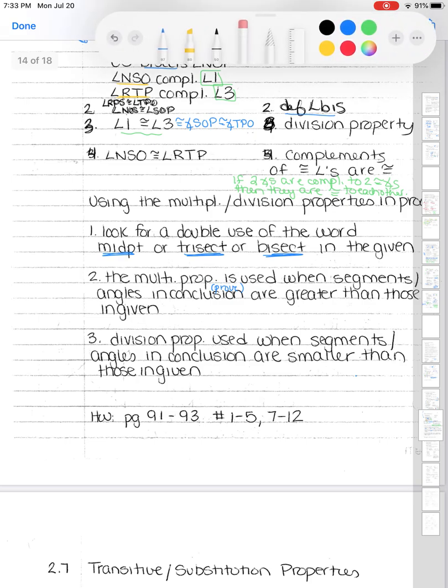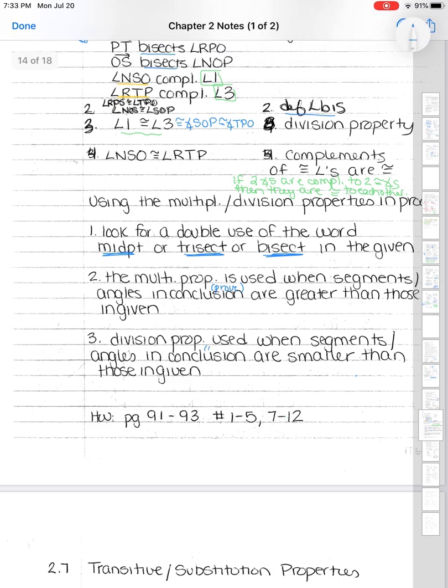For the multiplication property, in addition to number one, you have to have number two. You are looking for when a segment or angle in the conclusion, which is your proof statement, is bigger than those that you're starting with. So basically, what you have in your given is smaller than what you're ending up with. So you're getting bigger over time.